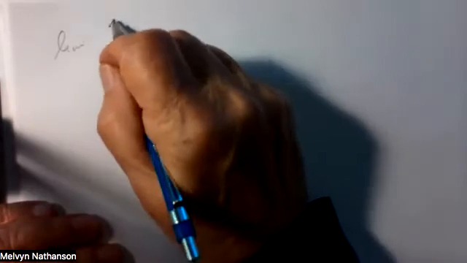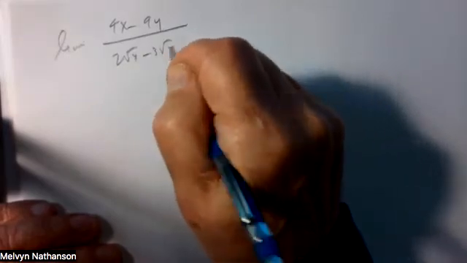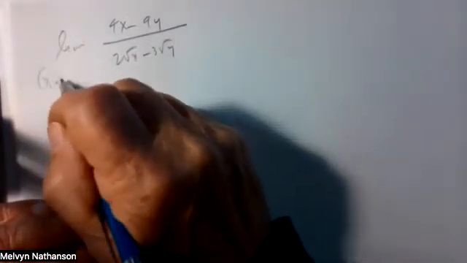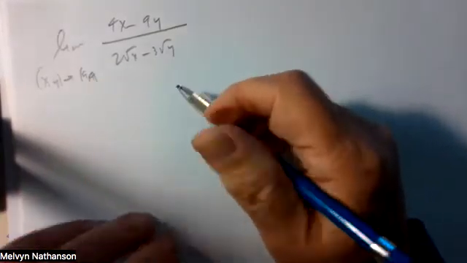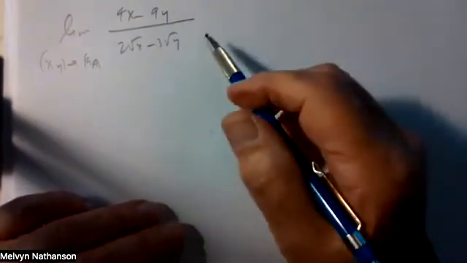We have the limit of 4x minus 9y over 2 root x minus 3 root y as xy approaches 9 comma 4. And in this case, if you were just to plug in these numbers, you would get 0 over 0.